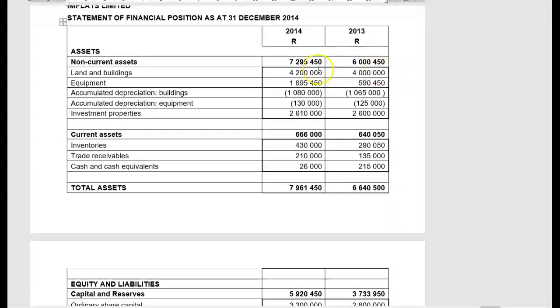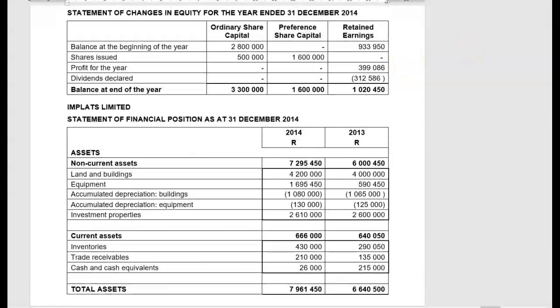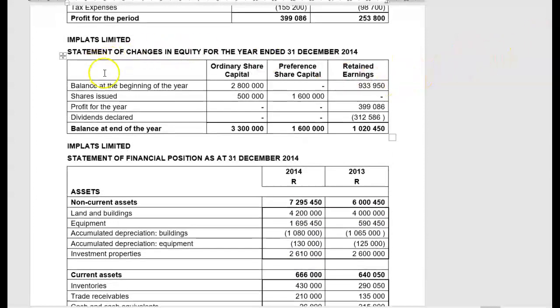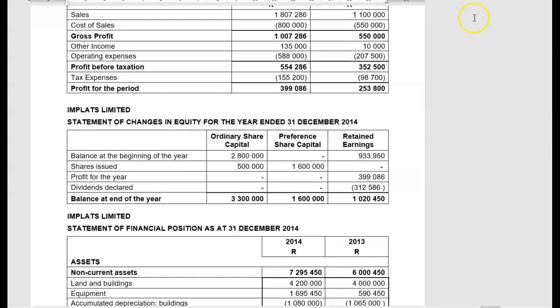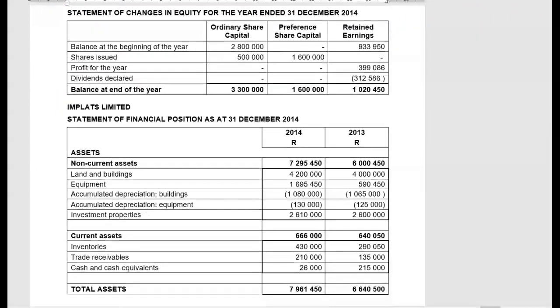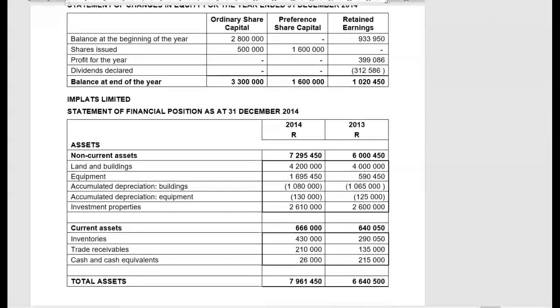The first thing that you see is that there's quite a 200,000 Rand jump in land and buildings. When we go back to the statement of changes in equity, there is no revaluation surplus. In the statement of comprehensive income, they haven't shown the other comprehensive income part, but there is also no mention of any revaluation surplus.